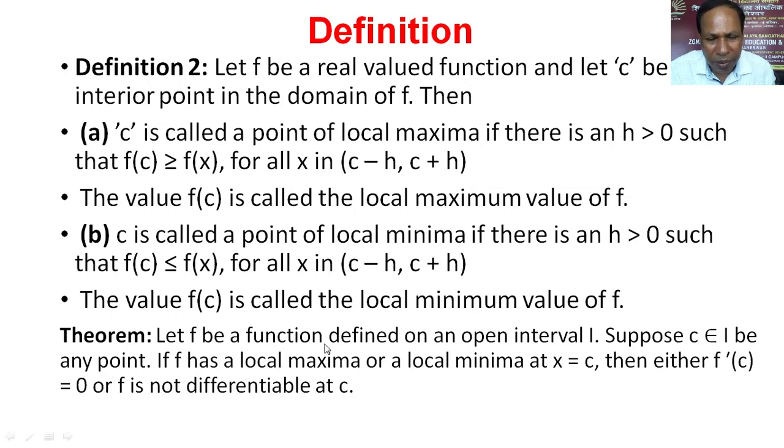Let f be a function defined on an interval I, and suppose c is any interior point in I, and if f has a local maxima or local minima at x equals c, then either the derivative of the function will vanish at c, or the function f is not differentiable at x equals c.